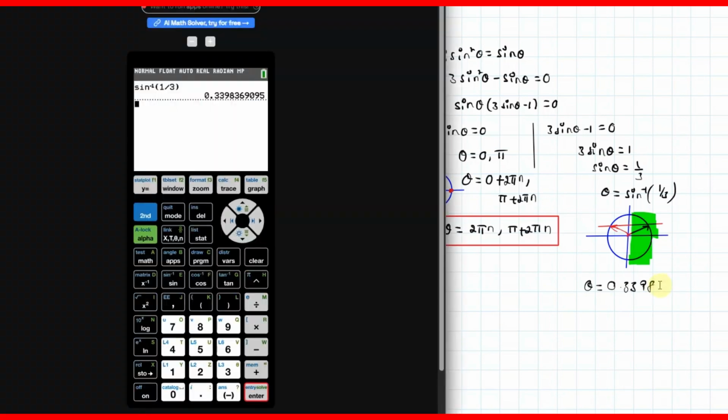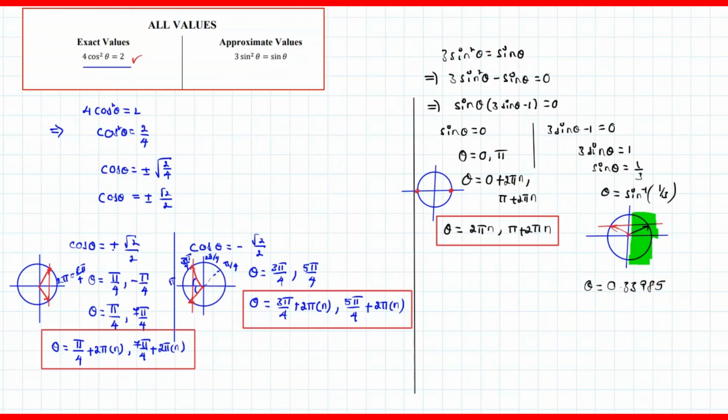This is the angle. So we have to find the other angle. These two angles are symmetric about the y-axis, so you can find the other angle by subtracting from pi.